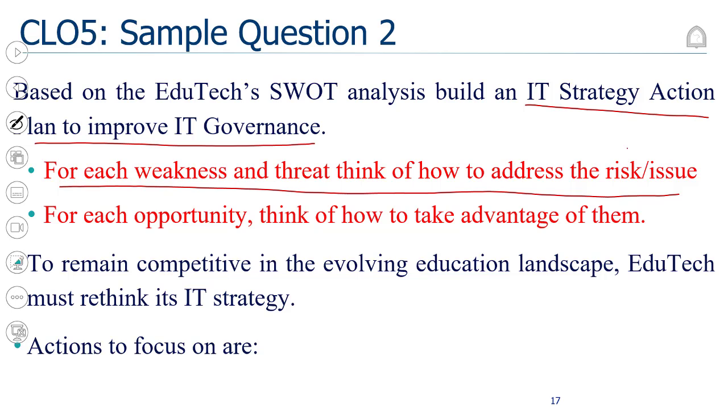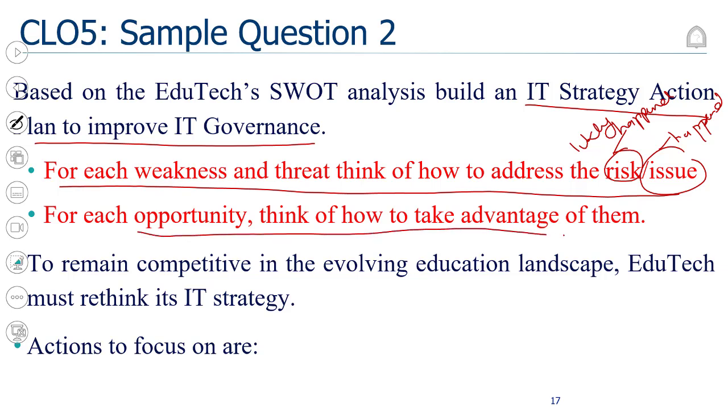Now, risk is very different from an issue. Risk has not happened, but is likely to happen. An issue is anything that has happened. For those of you who have done project management, you know the difference between the two. For each opportunity, think of how we could take advantage of it. So your action plan will always concentrate on your threats, risks and opportunities.